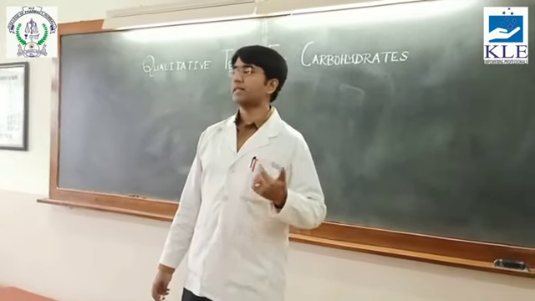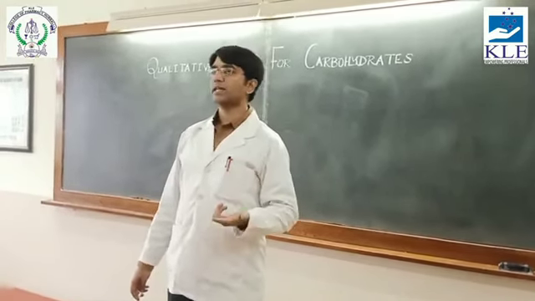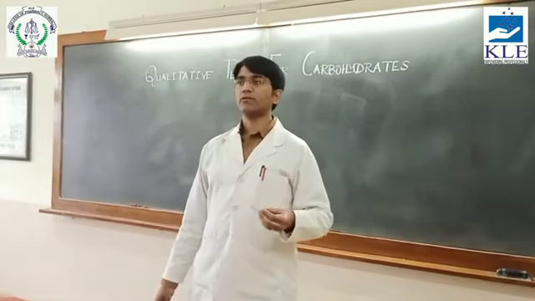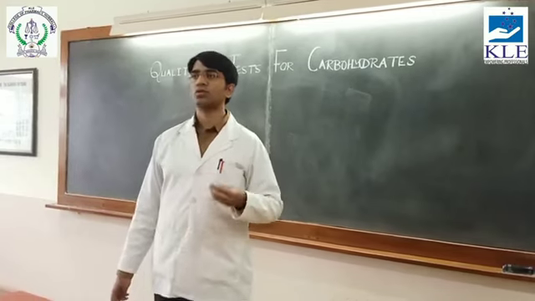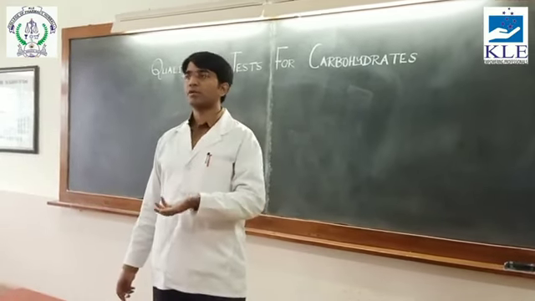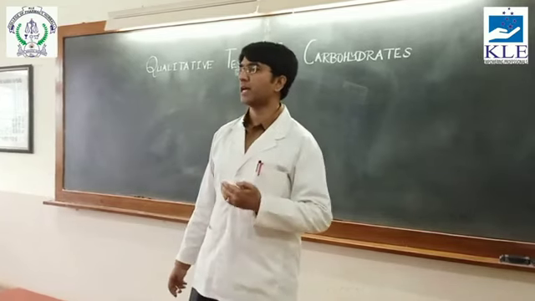That is, whether it is a monosaccharide or disaccharide. After getting to know that, we can even get to know what exactly that particular compound is, whether it is glucose or fructose or starch, or whether it is maltose or lactose. So there is a series of tests which we need to carry out.